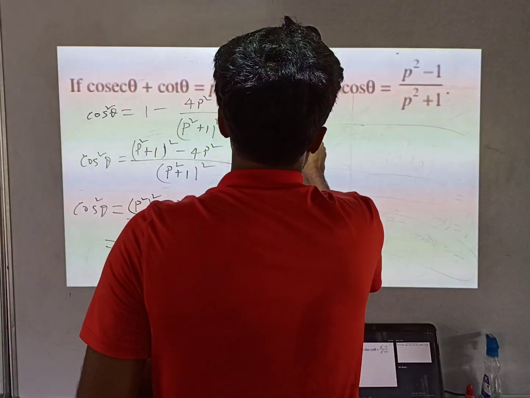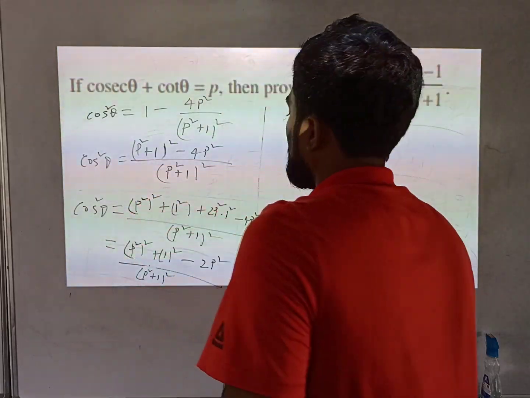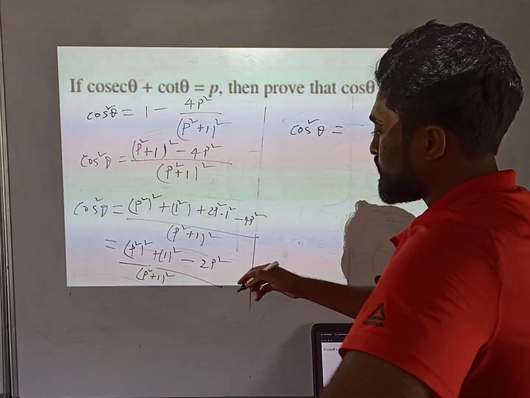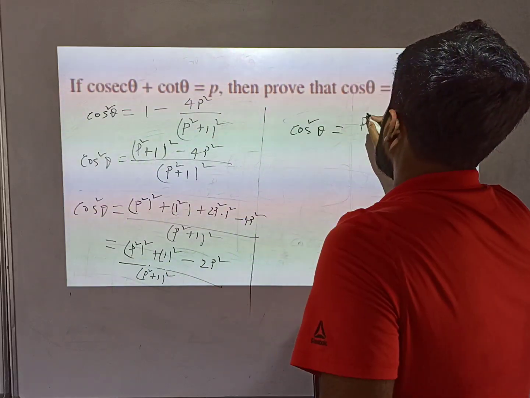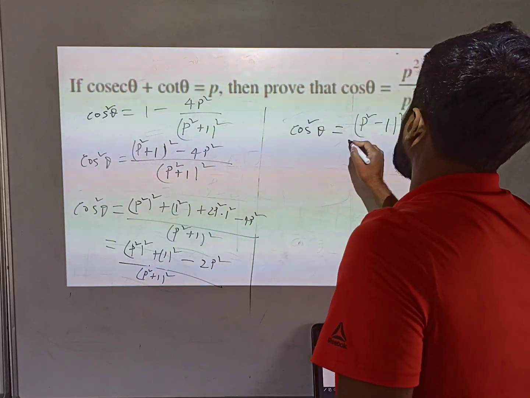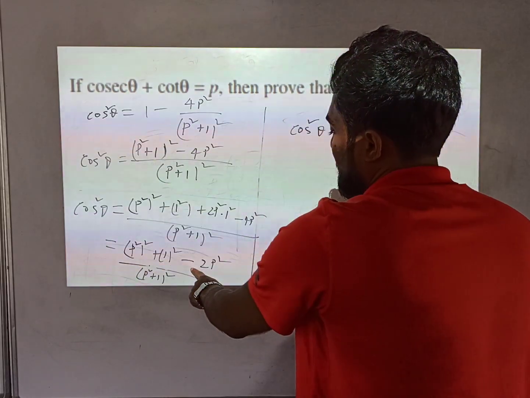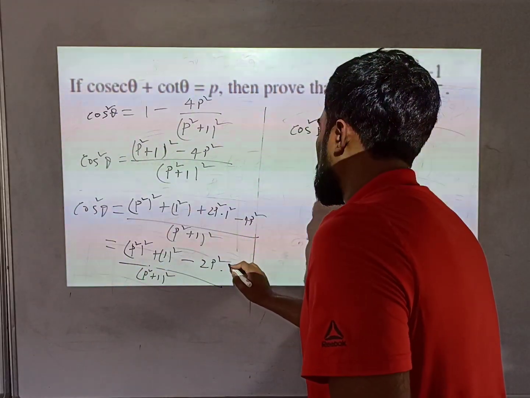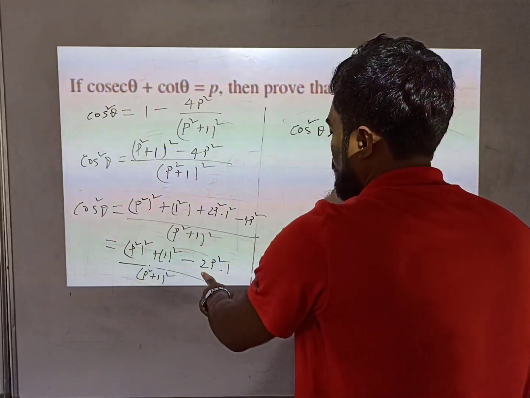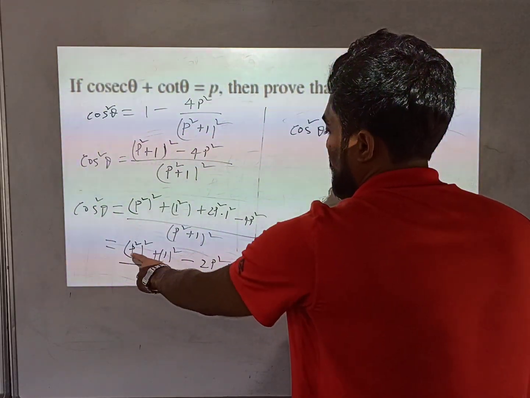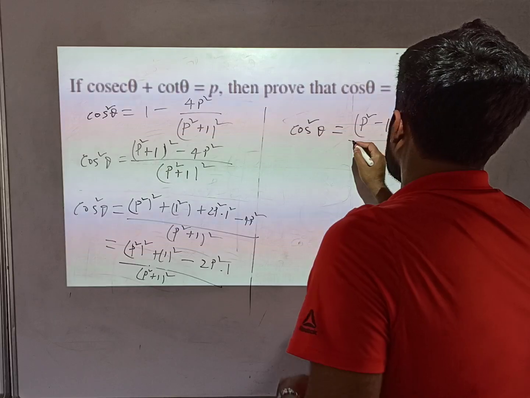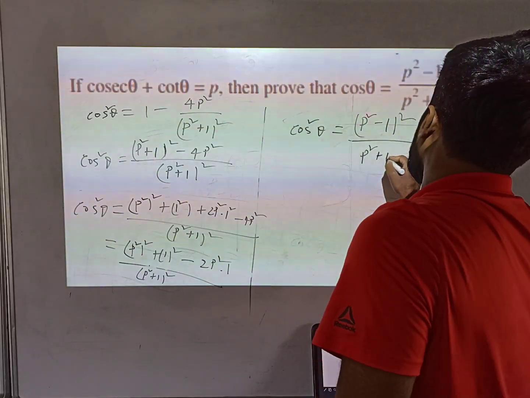So finally cos square theta equals, this is a square minus 2 into a into b plus b square, that is a minus b whole square. Yes or not? A square minus 2 into a, that is p square, into b, that is 1, plus b square. So a square minus 2ab plus b square, that is a minus b whole square divided by a plus b whole square.